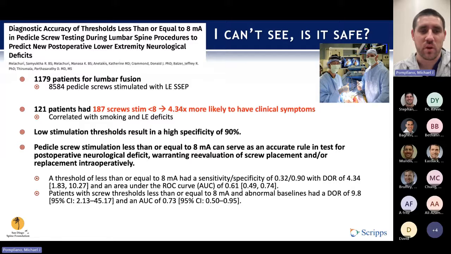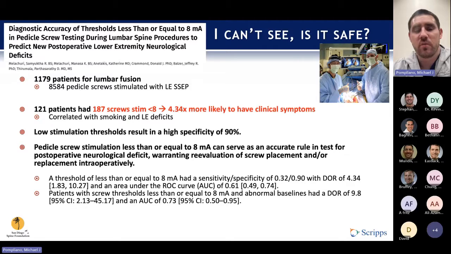So lots of studies talk about this as far as what is an appropriate stimulation threshold with respect to risk for neurologic injury. This one was essentially 1,200 patients, 8,500 screws, looking at lower extremity SSEPs. They had 187 screws stimulate less than 8, and that led to outcomes 4.34 times more likely to have clinical symptoms postoperatively.